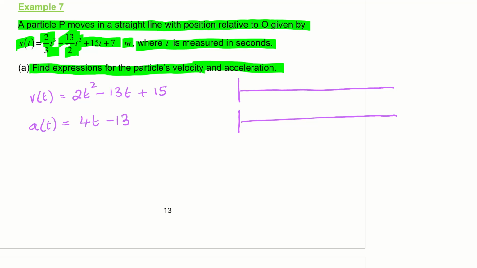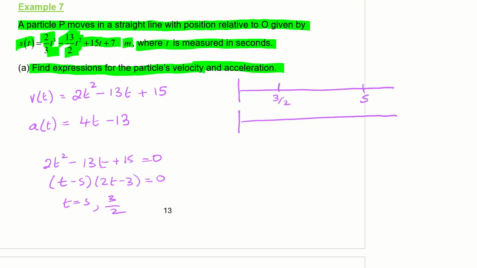Now in this case we can factorise. 2t² − 13t + 15 = 0 gives me (t − 5)(2t − 3) = 0. So t equals 5, or it's equal to 3/2. So it's going to change at 3/2, it's going to change at 5.